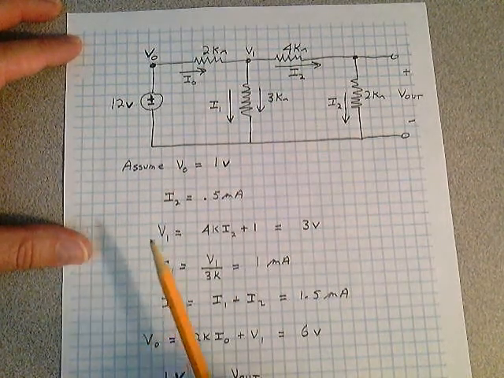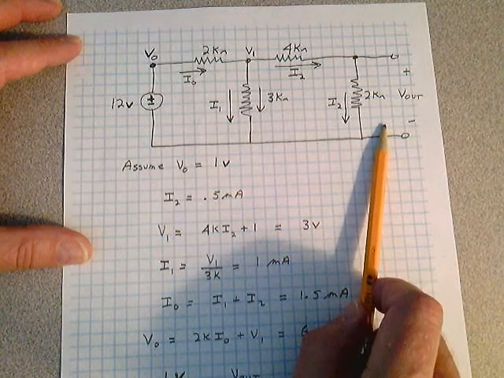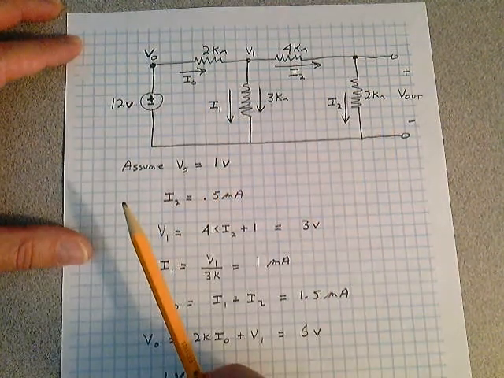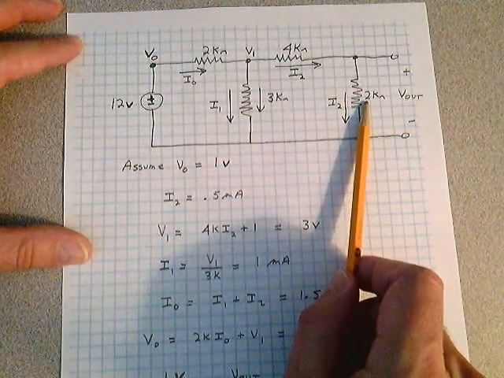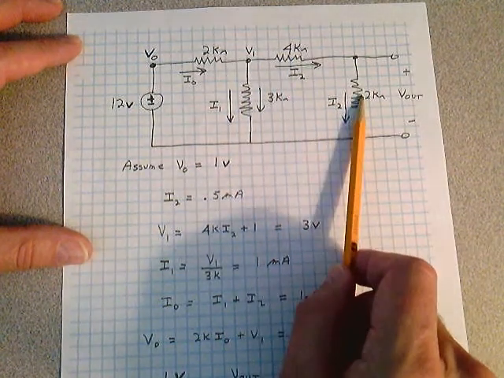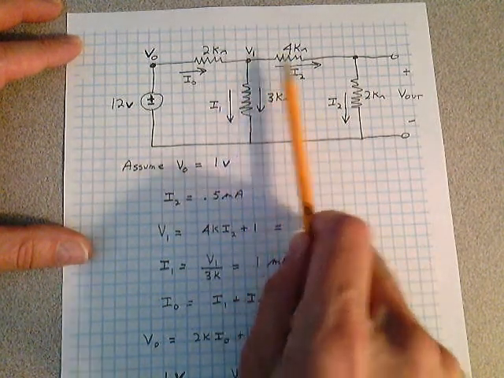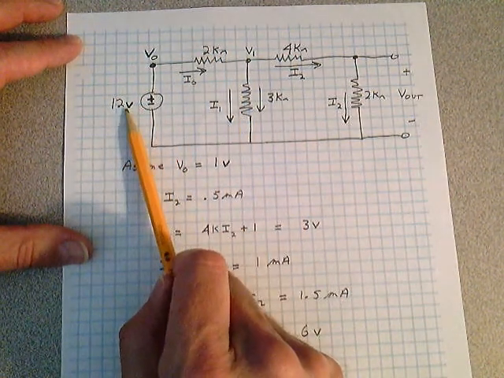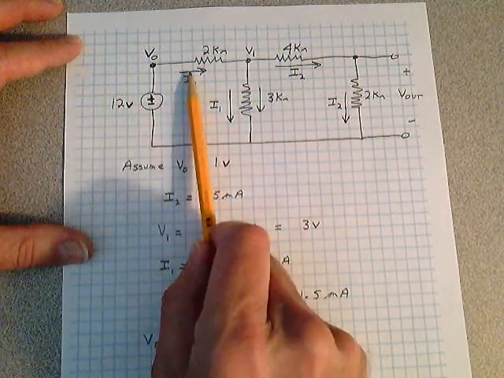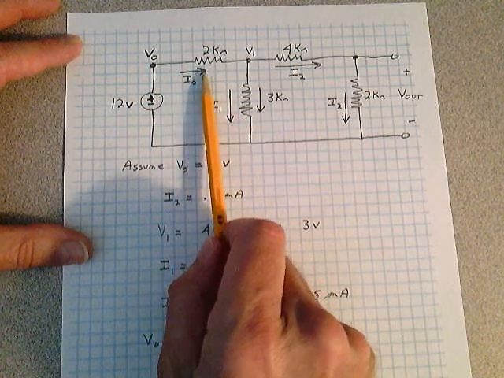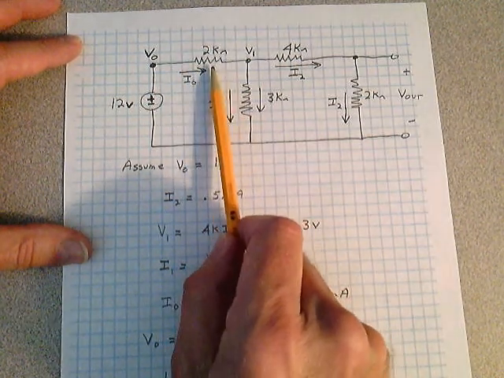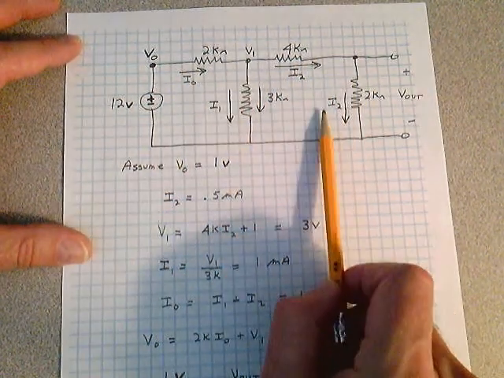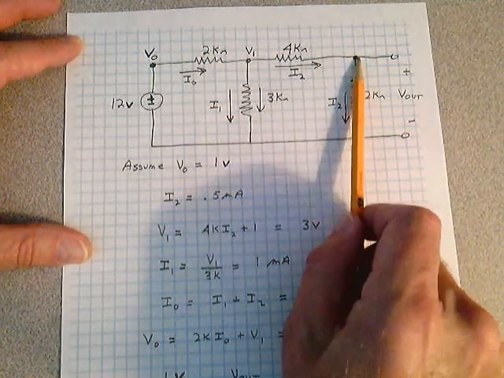To find V out, you have to find the total resistance, which puts this plus this in series, in parallel with this, and that equivalent combination in series with this. Get a total resistance, divide it into 12 volts, and get this I sub O current, which we called the total current. And then work outwards with the current divider rule to find out what that voltage is.